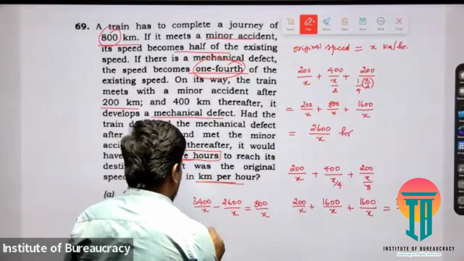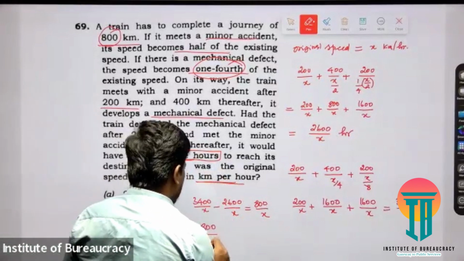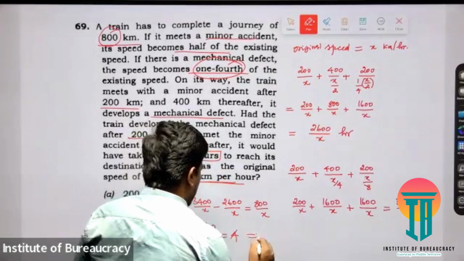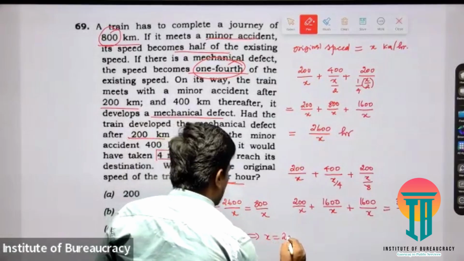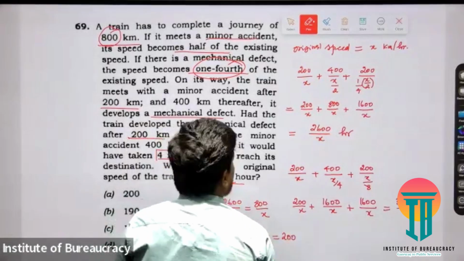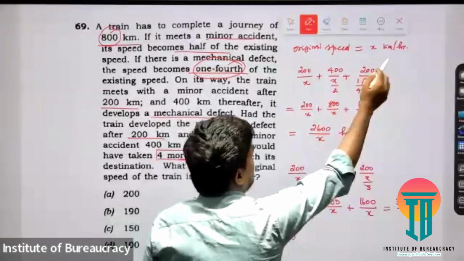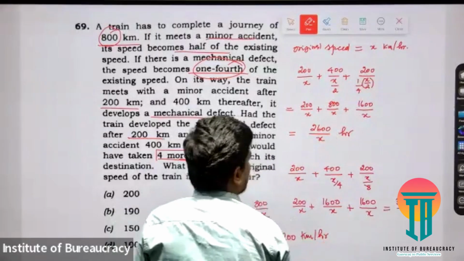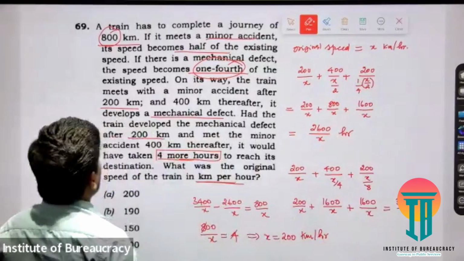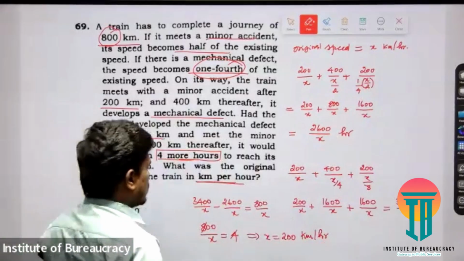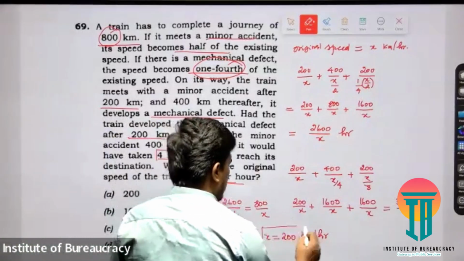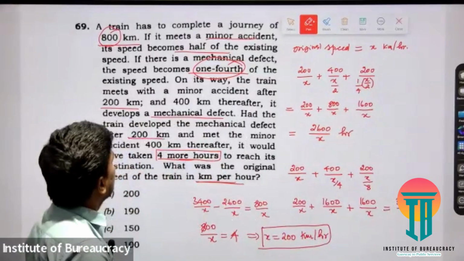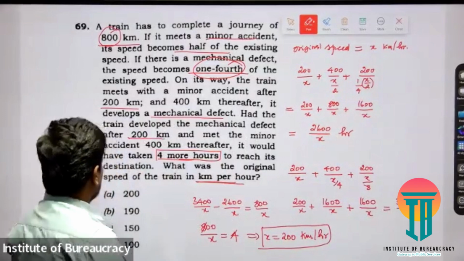So 800 by x equals 4 hours. Therefore, x is equal to 200. What is x? The speed, 200 kilometers per hour. So we have found x is 200 kilometers per hour. That is the original speed.